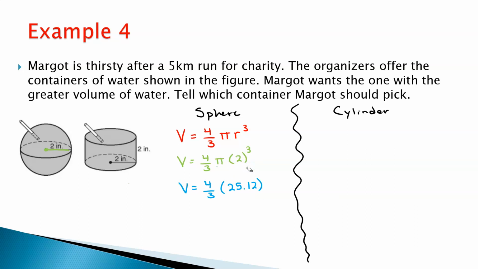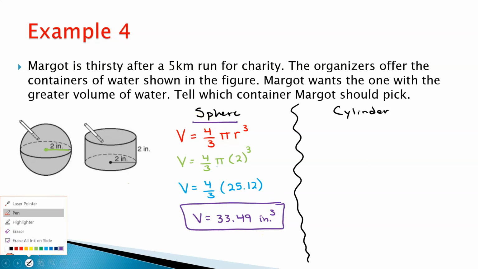All right, I have one more thing to do here before I know the volume of this sphere. Multiply by 4 and divide by 3. I ended up with a volume of 33.49, and I'll leave it as inches cubed. So that is the volume of the sphere.